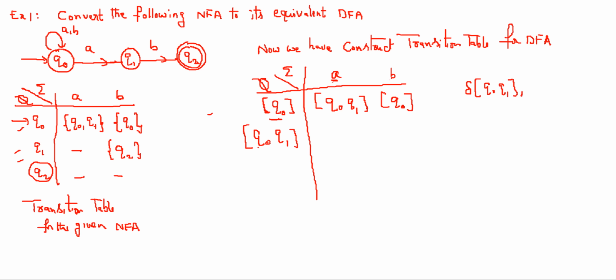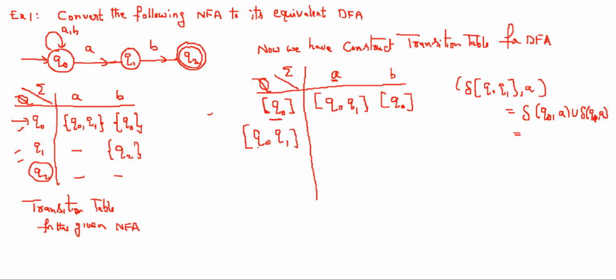You are applying A on Q0 and Q1. So you have to write it like this: delta of Q0 comma A union delta of Q1 comma A.